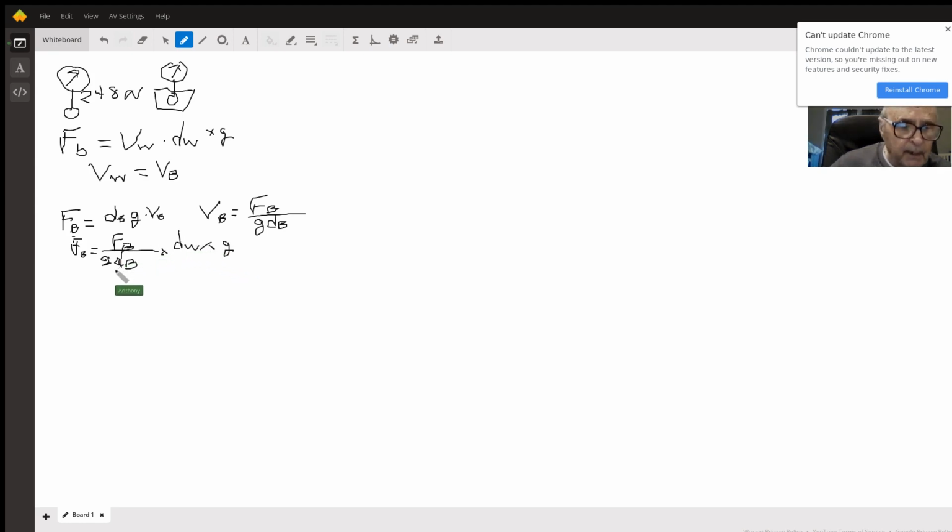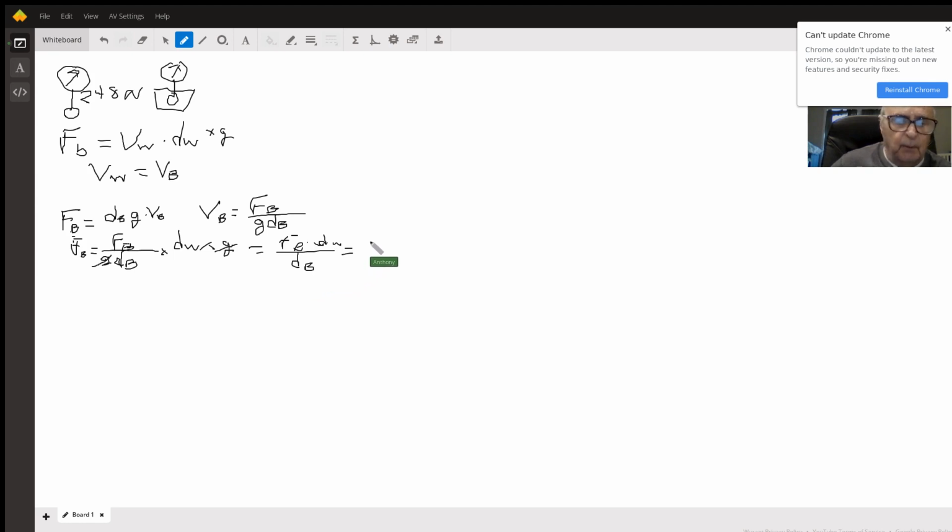Okay, so now you see that the acceleration of gravity will cancel out, and that leaves you with the force of gravity on the brass times the density of water, d sub w, divided by the density of brass.